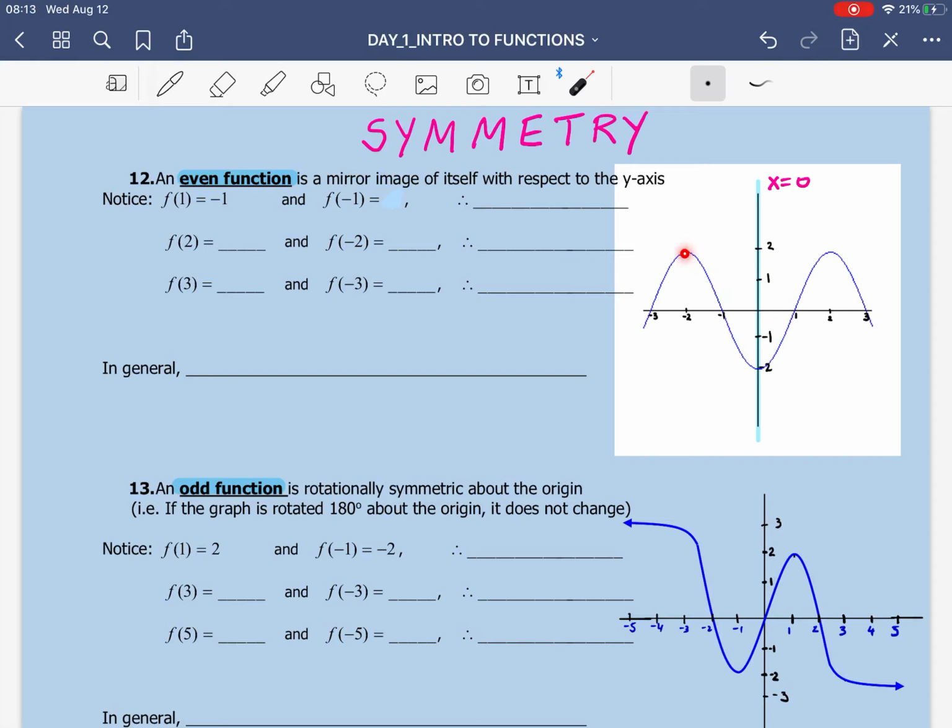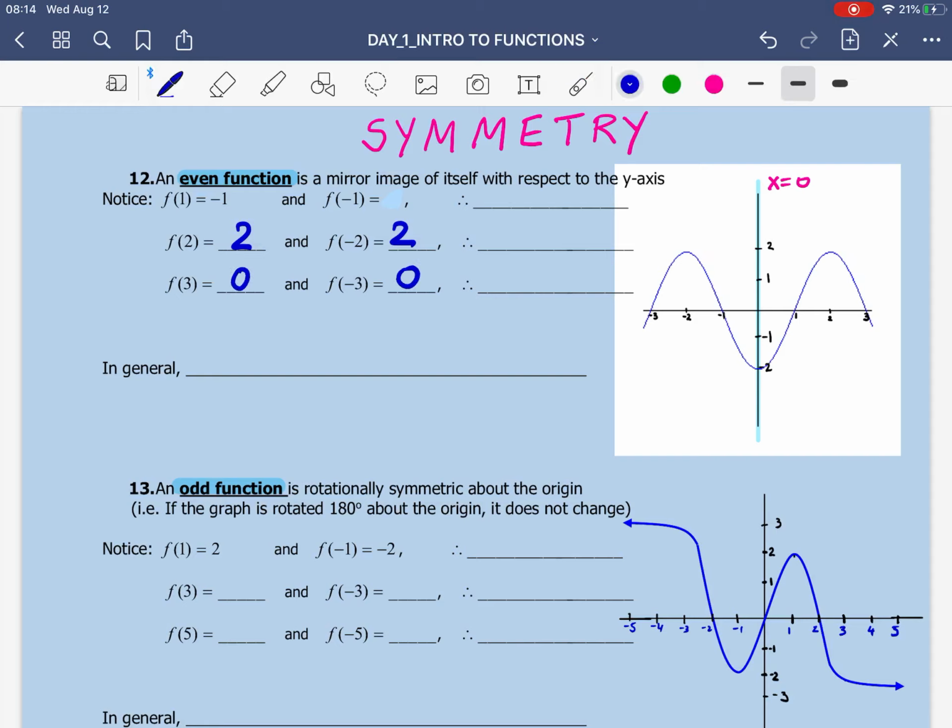So if you look at x equals negative 2 and positive 2, you see that the value of y is again the same, 2. And the same thing with the points where x equals negative 3 and positive 3, the y values are the same, 0.